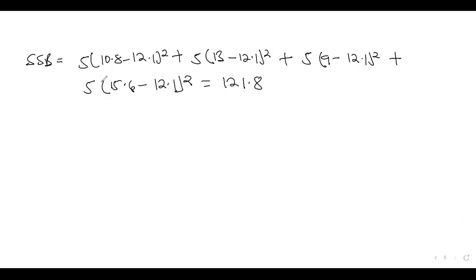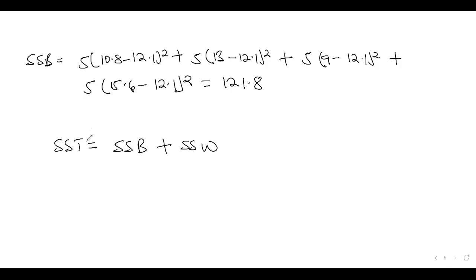So technically, sum of squared total is sum of squared between plus sum of squared within. Once we have our sum of squared between and sum of squared total, there is no need to worry ourselves about sum of squared within.